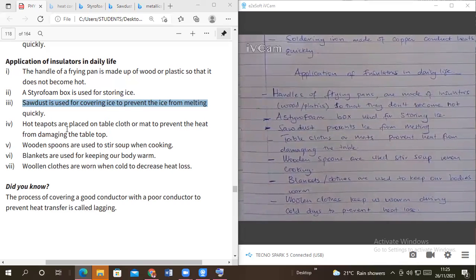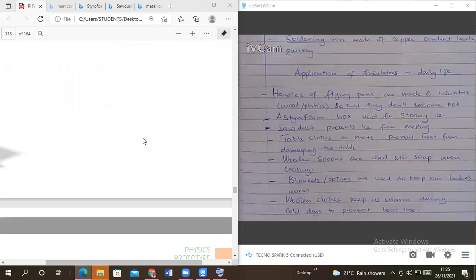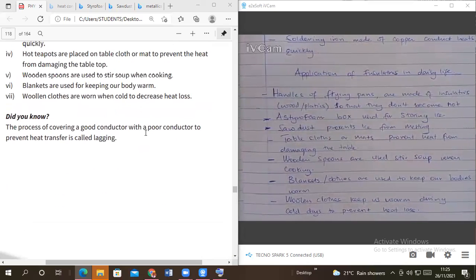Okay. Did you know the process of covering a good conductor with a poor conductor is called lagging? So what's lagging? The process of covering a good conductor with a poor conductor to prevent heat loss.